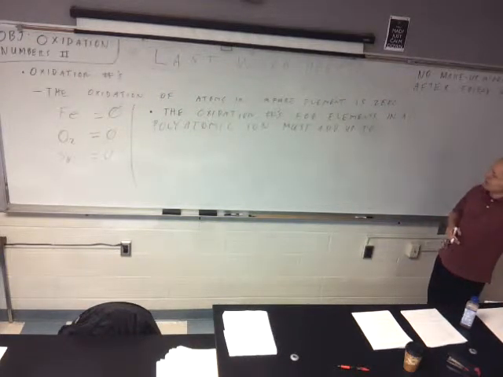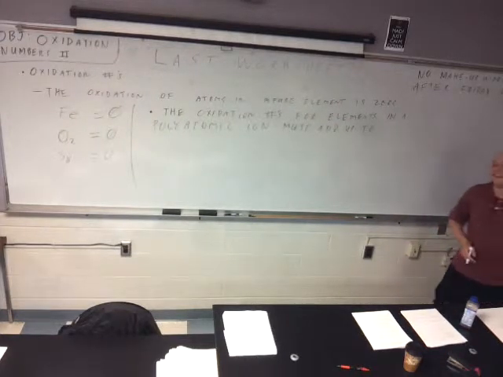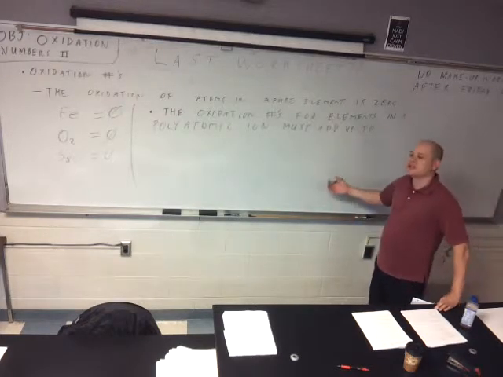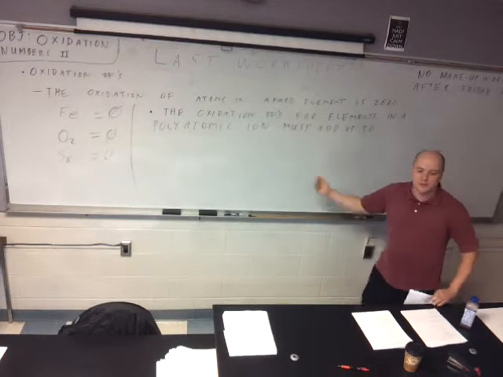So what do they have to add up to? Somebody who's really awake and understands what's going on today. What do you think? 0? No, think about it. Polyatomic ions have a charge, right? So the oxidation numbers have to add up to the charge of that polyatomic ion.